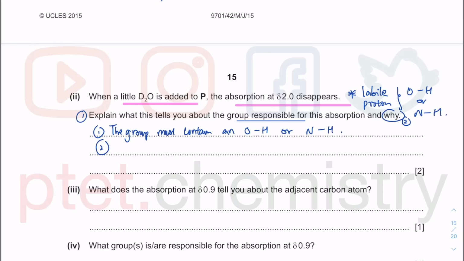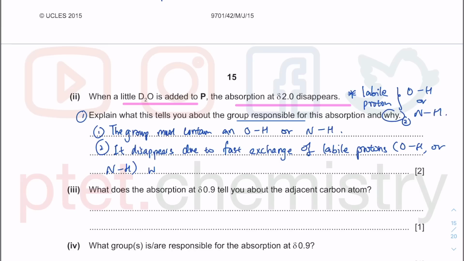Okay. So it disappears due to fast exchange of your labile protons. Labile means easily coming off, and your labile protons are your OH as well as NH. There's your OH or NH with D2O. Therefore, we get a swap of these protons, which become deuterium.